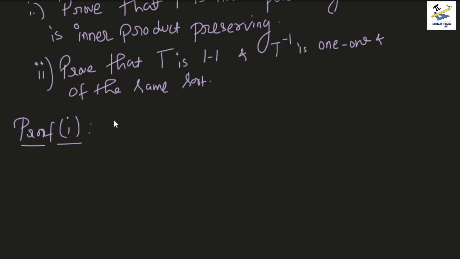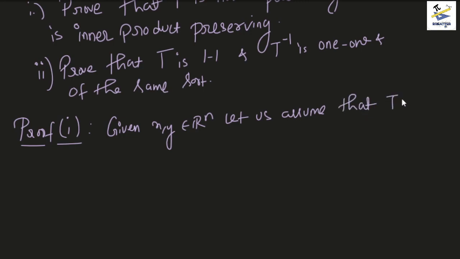Okay, so we understand that given x, y belong to R to the power n, let us assume that T is norm preserving. Okay, so let T be norm preserving.